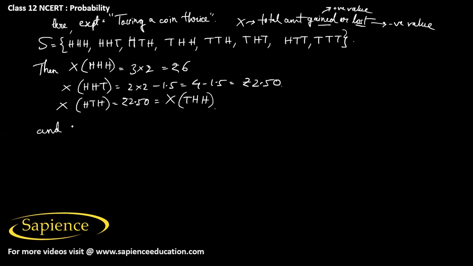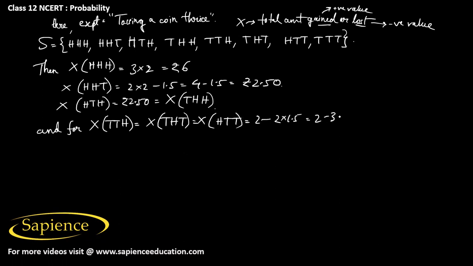Similarly x of tail, tail, head is equal to x of tail, head, tail and x of head, tail, tail. For one head he will get ₹2, and for the 2 tails he has to give ₹1.50 each. So that would be 2 minus 3, that is minus ₹1, means he has to give ₹1, so it is lost by him.